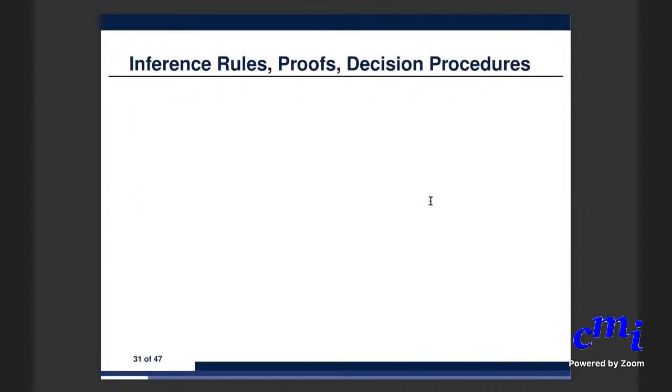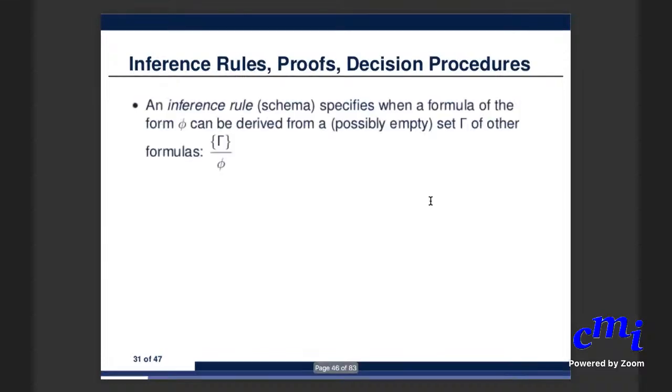Now I'm going to introduce inference rules, proofs, and decision procedures. Just like for predicate logic in general, you've already seen that an inference rule, or a schema, usually has parameters. It specifies when a formula of some form phi can be derived from a set of other formulas.